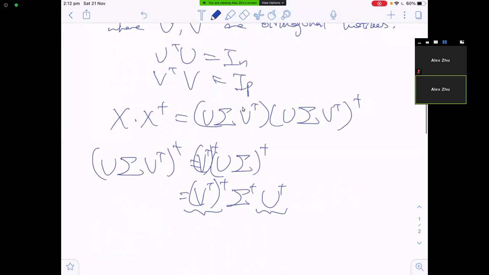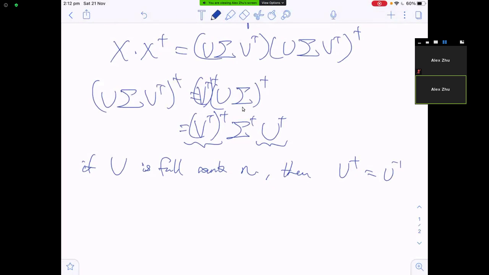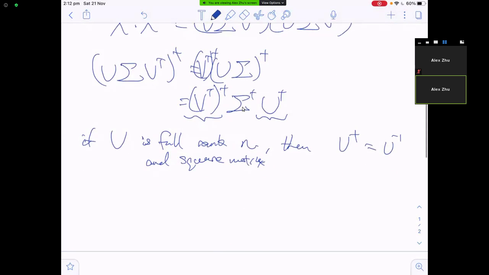So if U is full rank n, then U pseudo inverse is U inverse. If it's full rank and a square matrix, then there's no point of using a pseudo inverse, because pseudo inverse is for rectangular matrices.